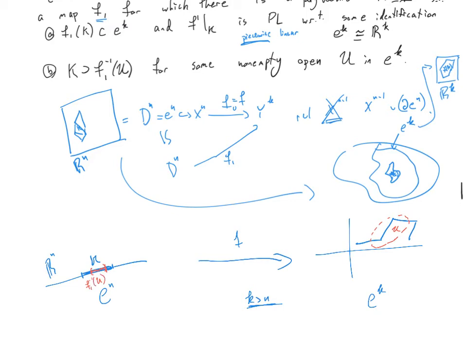Now, the problem is that U is now a two-dimensional open set, it's an open two-ball up to homeomorphism type, or disjoint union of them, in RK.